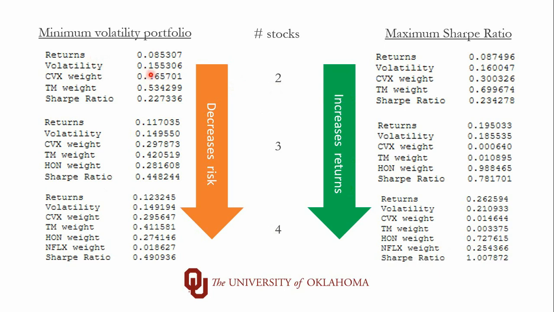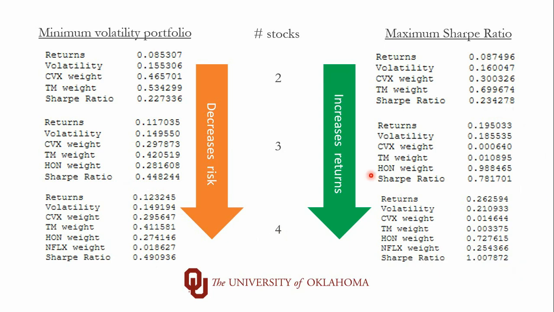Here was 0.15, then 0.14, 14.2, and the Sharpe ratio increases from here to here. The returns increase with more stocks, and in this case it's the same: we get an even higher Sharpe ratio in each case.